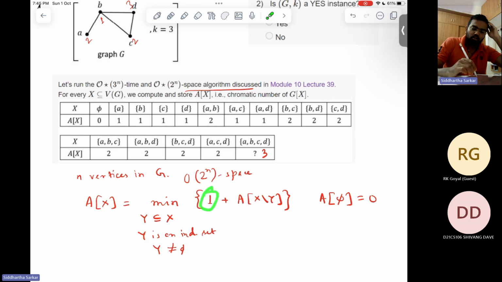So one color to color the vertices of Y. And for the rest of the graph, the graph induced on X minus Y, whatever is the table entry, we look it up. Does that make sense?